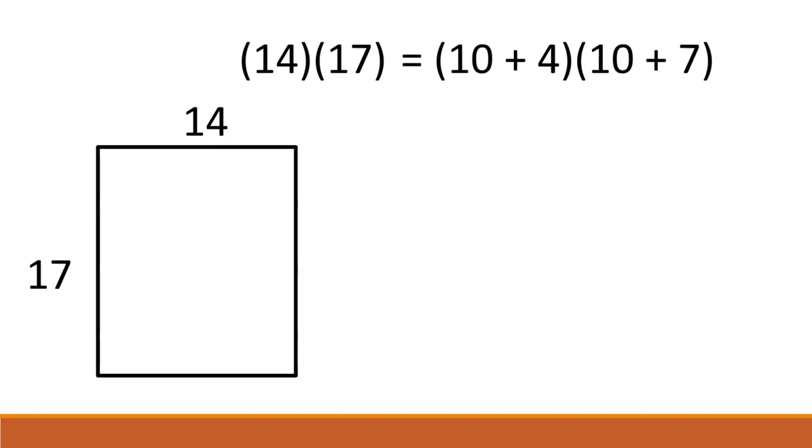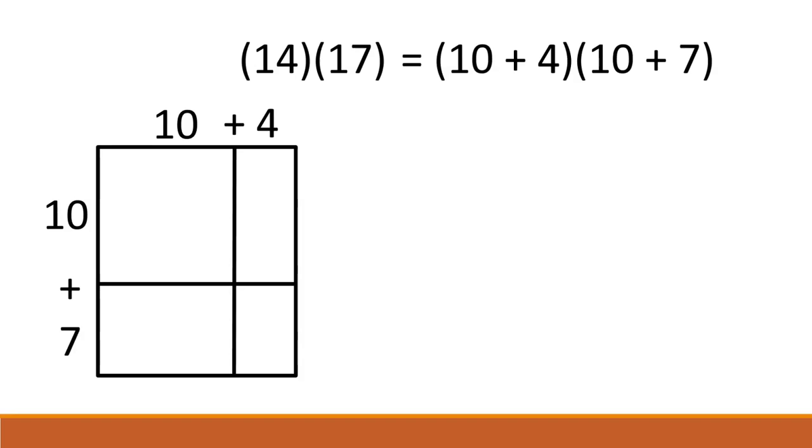But if we think of 14 as 10 plus 4, and we think of 17 as 10 plus 7, we can now think of the dimensions of the rectangle as being 10 plus 4 by 10 plus 7. That allows us to subdivide the rectangle into 4 smaller rectangles, and we can easily find the area of each of those rectangles.